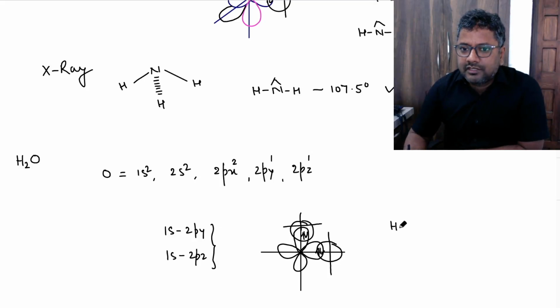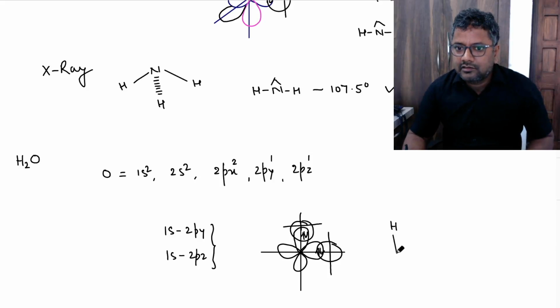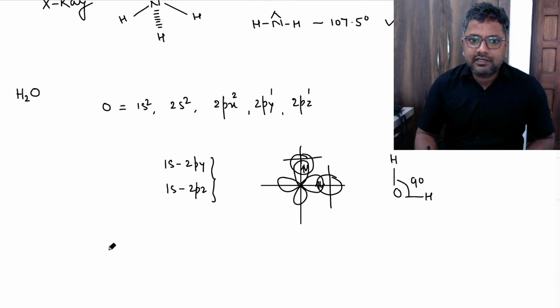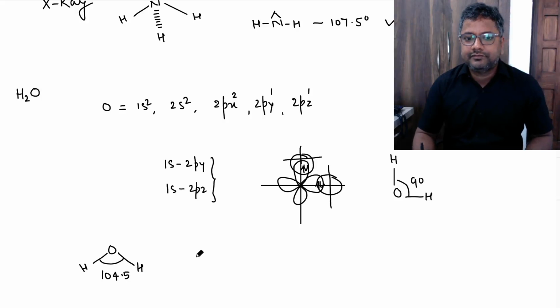So what should be the bond angle here? As per this theory, this bond angle should be 90 degrees, right? What did X-ray suggest for this? The X-ray suggested the bond angle for this water molecule is 104.5.